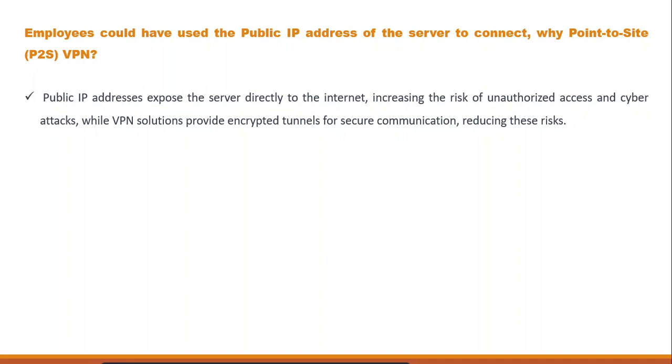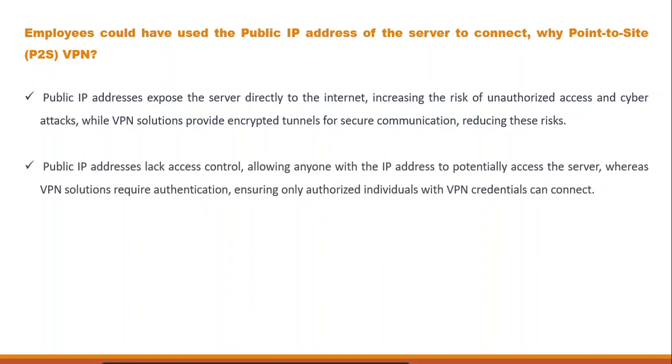Alright? While VPN solutions like Point-to-Site provide encrypted tunnel for secure communication, helping you to reduce those risks. Secondly, public IP addresses lack access control, allowing anyone with the IP address to potentially access the server. This is not secured at all right? And we don't want that for this internal web application. So VPN solution will require authentication.